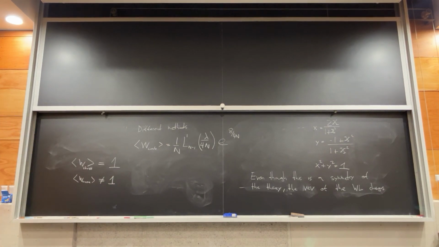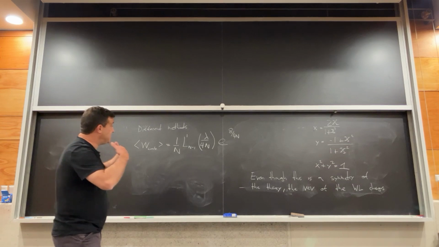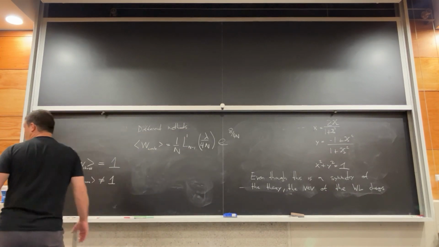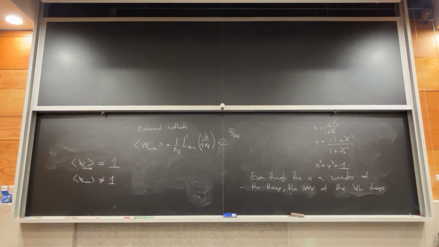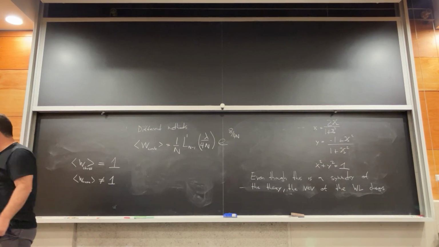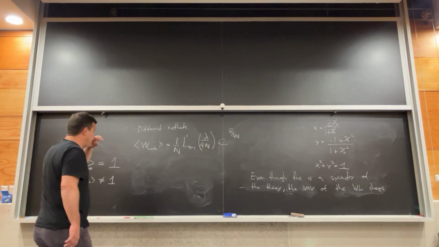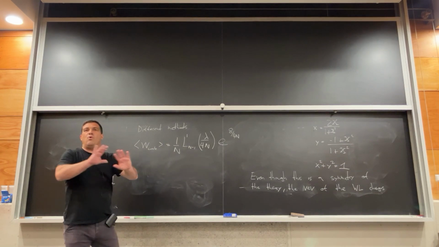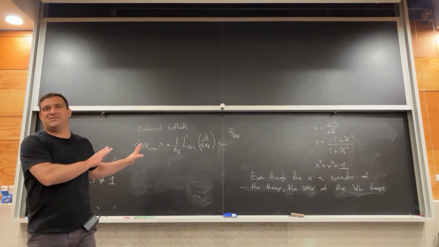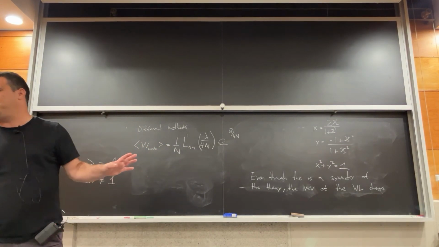So you get a polynomial in lambda over N times the exponential of lambda over 4N. I'm missing a lambda. Yes. Okay? There's no way you can see why that's the answer at this point. No way, you have to trust me.